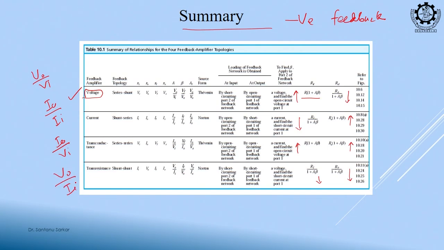So, these 4 possibilities we are having, right, and we will also see what the feedback topologies are. Then we will see that if we use the negative feedback, how my input and output impedance are changed, and we will see that negative feedback is actually helping us to change this input and output impedance in such a way that it works as a better amplifier.